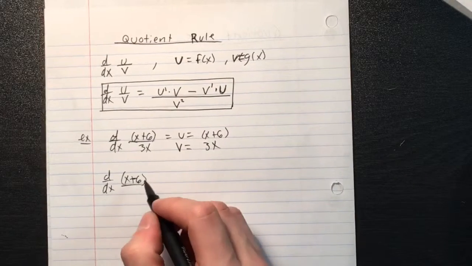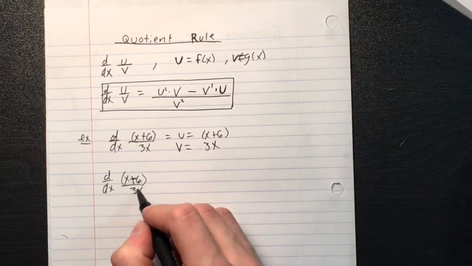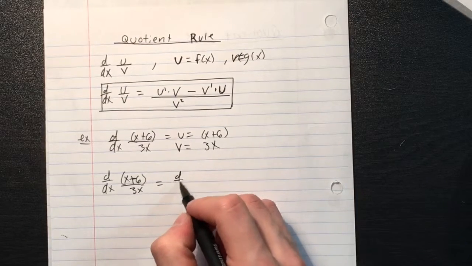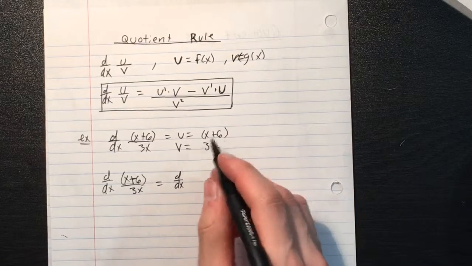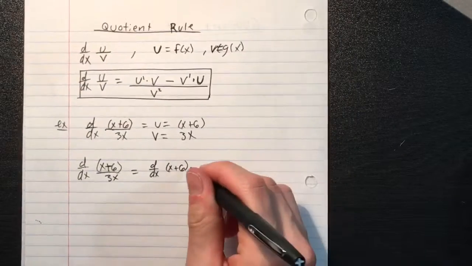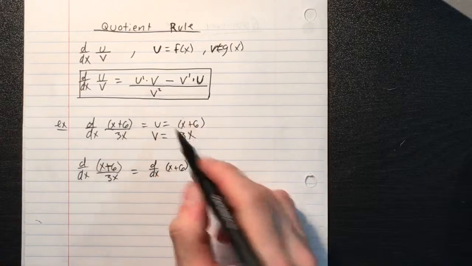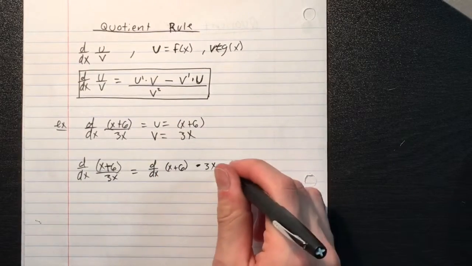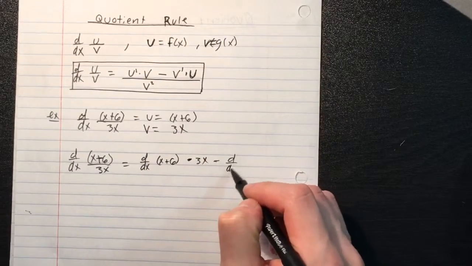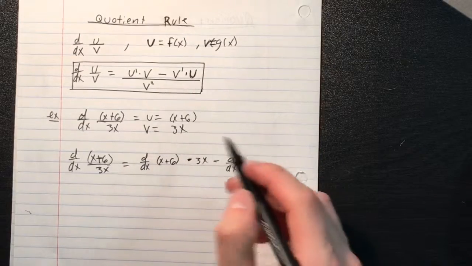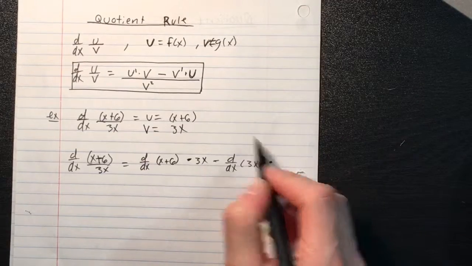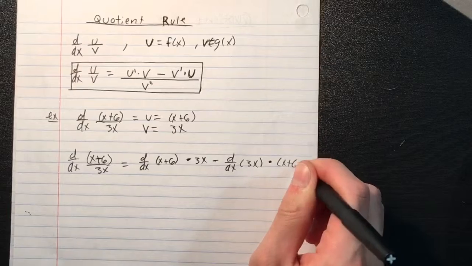The derivative of x plus 6 over 3x will equal u prime, and I'll write this in derivative notation, d dx of x plus 6, multiplied by v, which is 3x here, and minus the derivative with respect to x of v, so of 3x, and that's going to be multiplied by u, which is x plus 6.